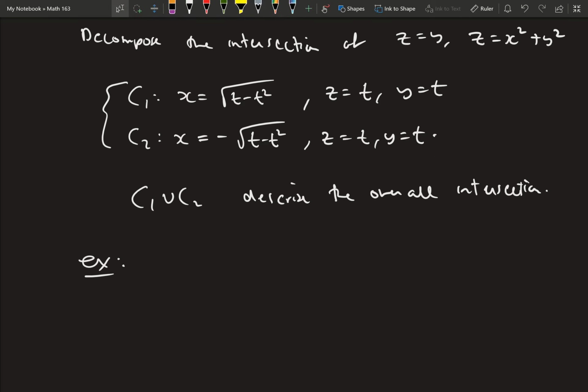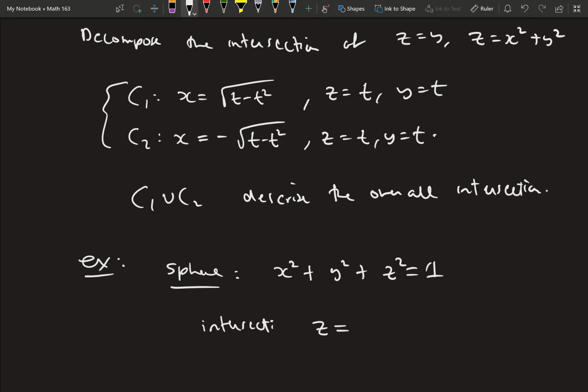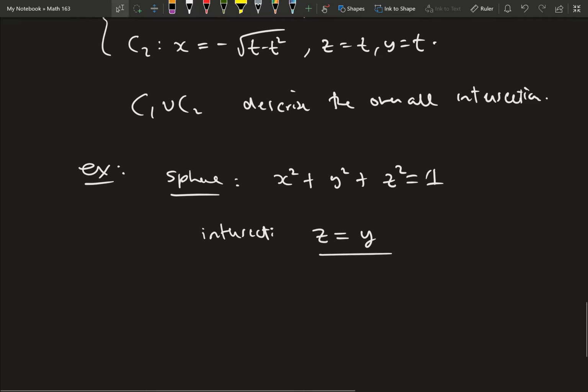Let's take the sphere x squared plus y squared plus z squared is equal to 1, and let's intersect with z is equal to y, the same plane.